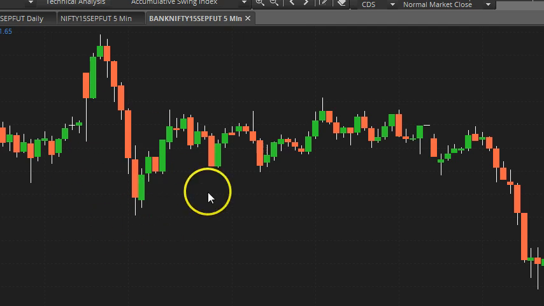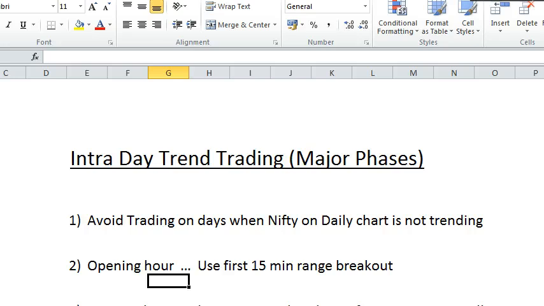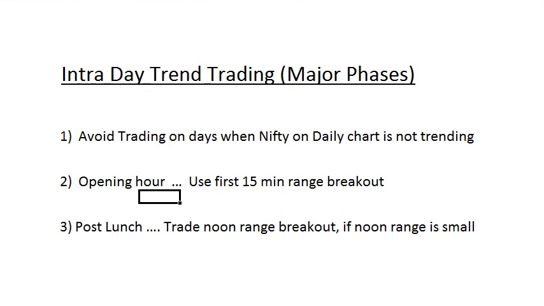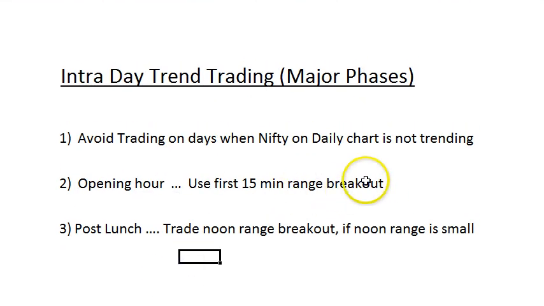You can use the same logic to pick stocks: if Nifty and Bank Nifty break the lower range after the first 15 minutes or hit a fresh day low, find the stocks which are top losers at that time and look to short them. This is the opening hour, or first 15-minute range, breakout strategy.